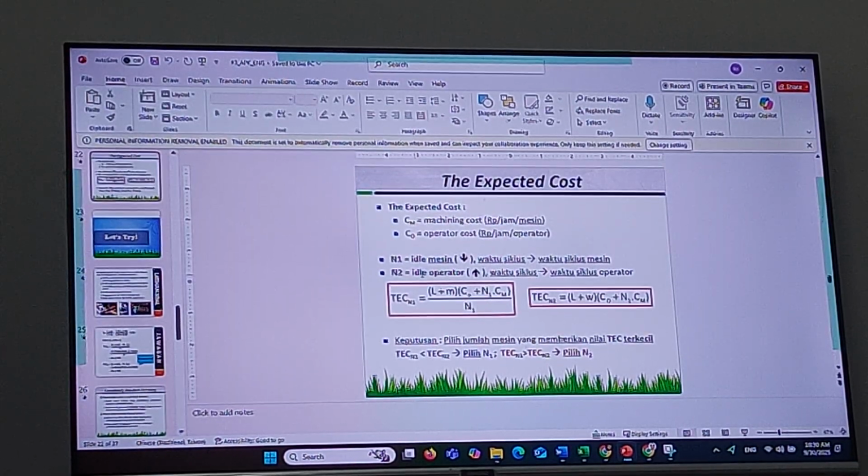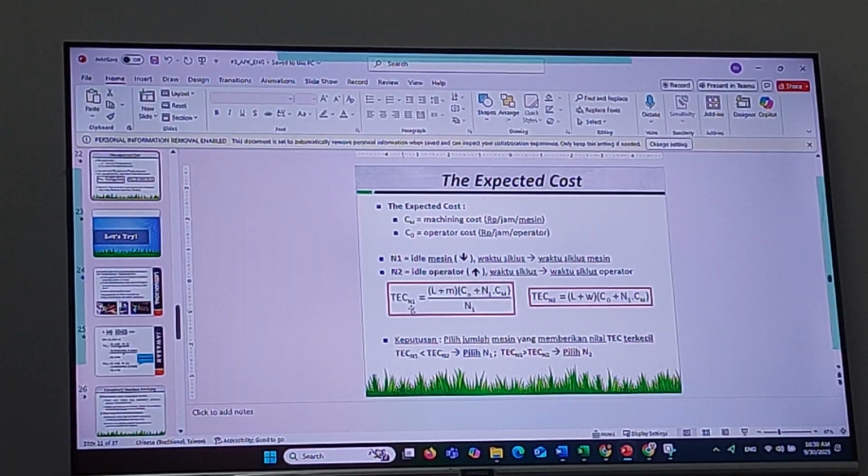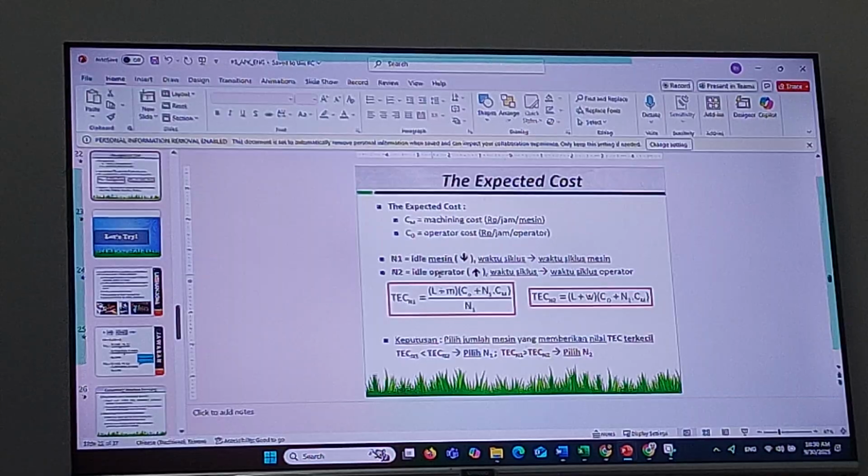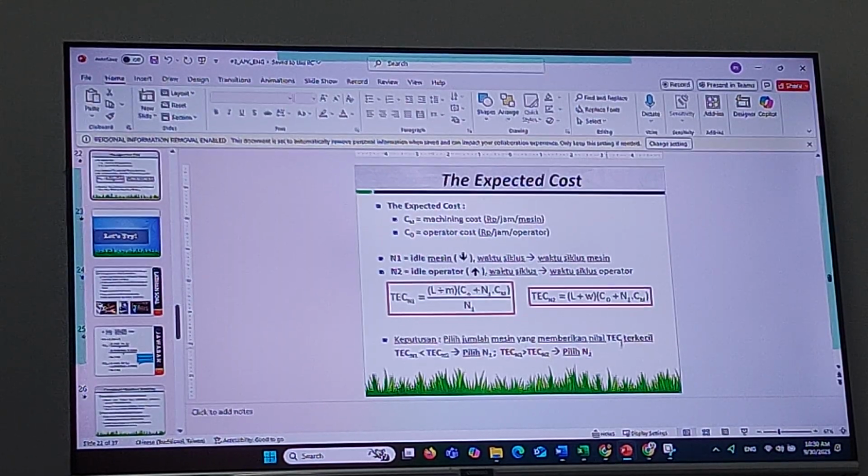For the easy things, I think we can decide first, use this formula, then continue with this formula. The first formula is concerned with the idle of the machine, and the second formula is for the idle of the operator. And then the decision is we choose the lowest TEC.